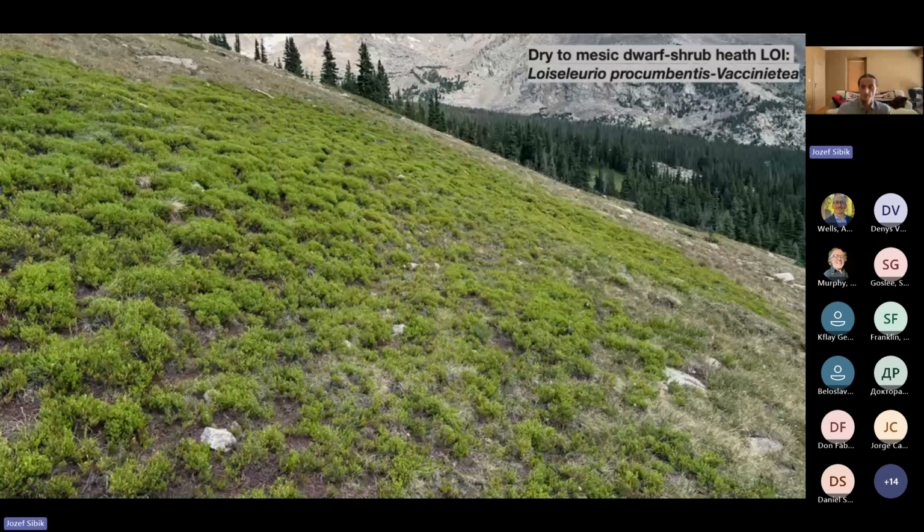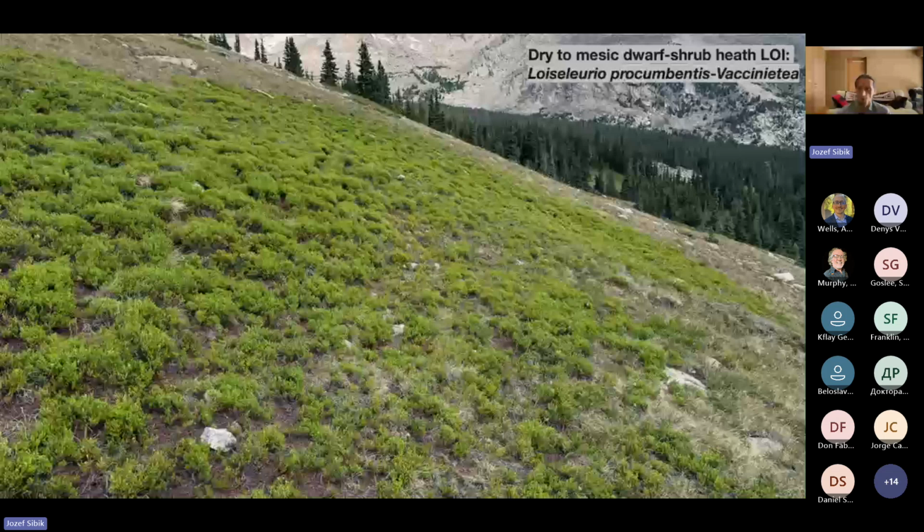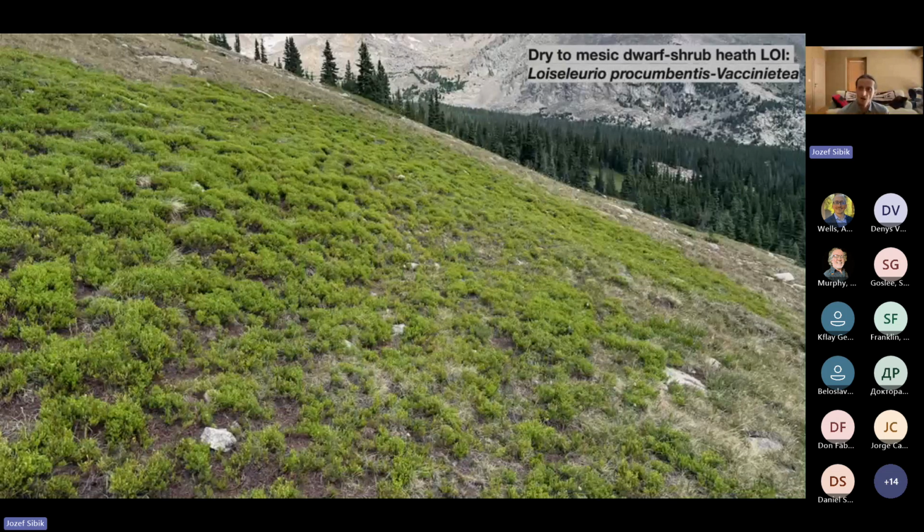Here we are jumping into different communities, Loiseleurio-Vaccinietea, dry to mesic dwarf shrub heathlands. We can see them in European mountains, however, with different species.